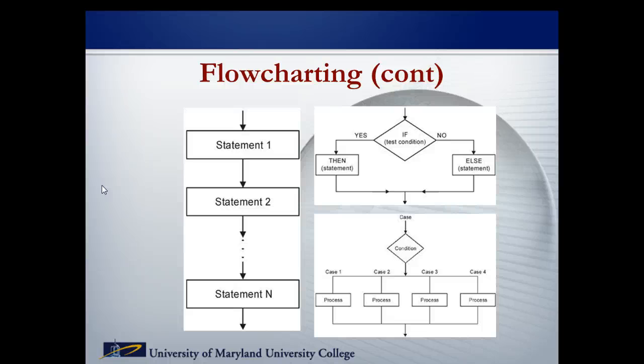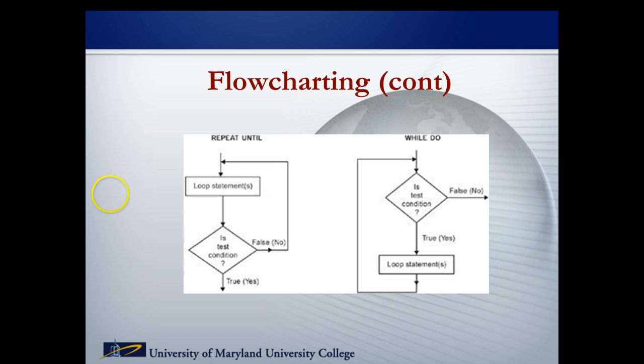And there's also a case statement, which is similar to that, but it actually tests for more than 2 cases. And then you have an iteration type control structure, and basically that is a loop.